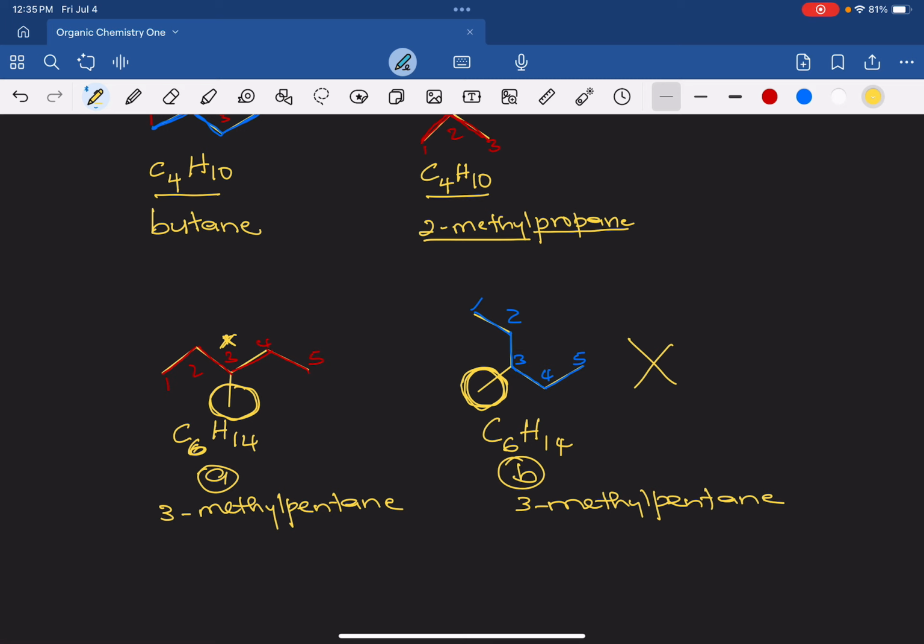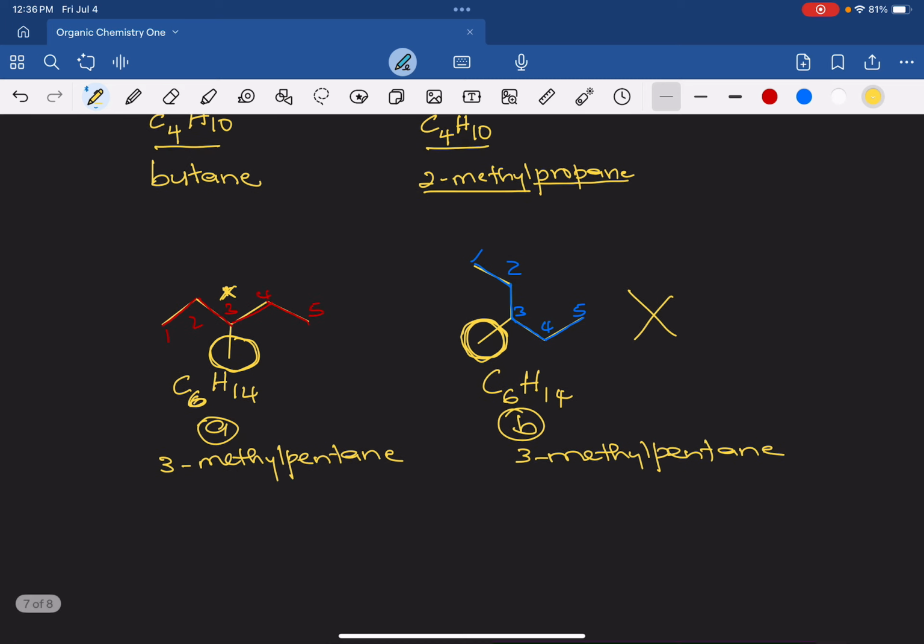These two have the same name, which tells me that these are not constitutional isomers. They're the same representation. Sorry, let me correct that. They're not constitutional isomers. They are a different representation.